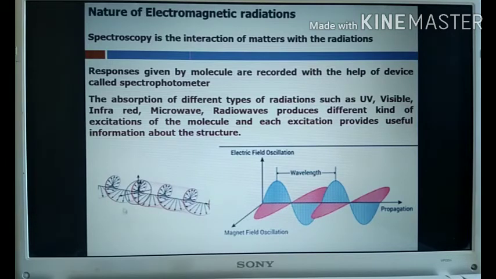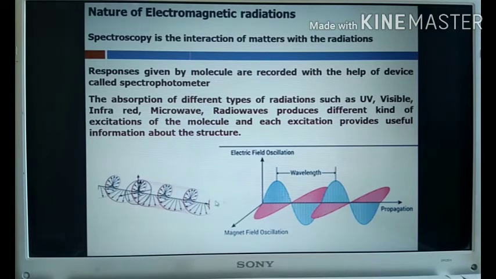And this black or pink colored portion is the magnetic field. This electromagnetic radiation is associated with the electric field, the blue portion, as well as the magnetic field, both perpendicular to each other, isn't it?